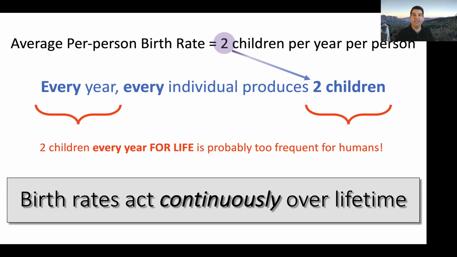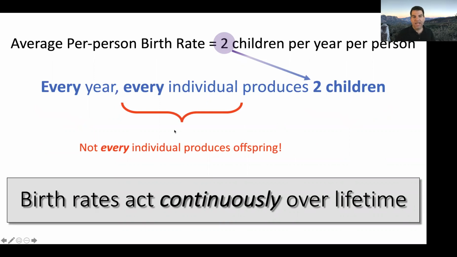And so I have to go back and think about what I actually meant in my mental model when I came up with the number 2. The number 2 in my mental model was probably coming from me thinking that 2 children every year for life is probably too frequent for humans. So what I probably meant is 2 children over the lifetime. And on top of that, not every individual is going to have offspring.